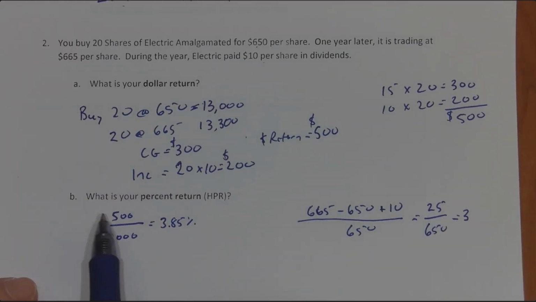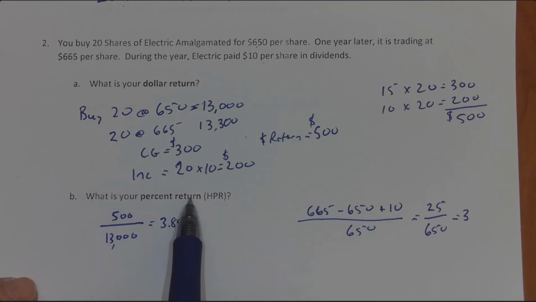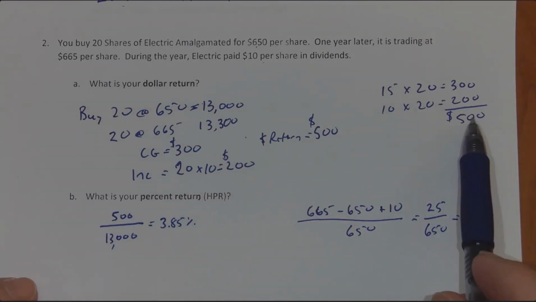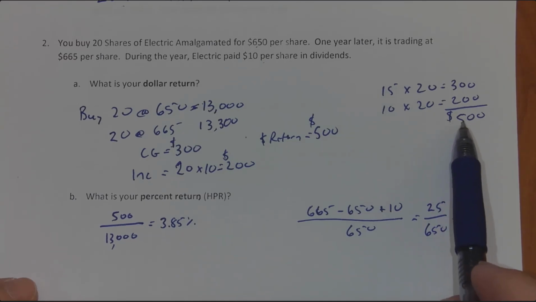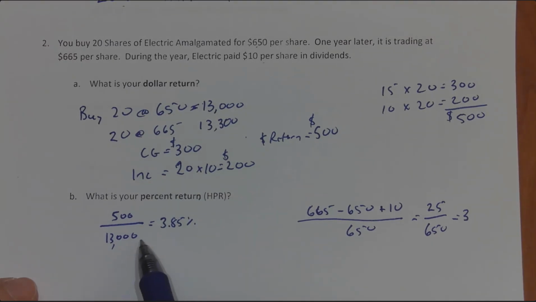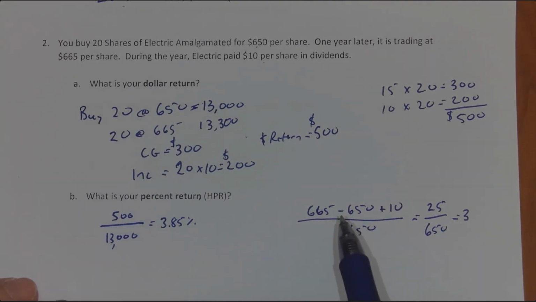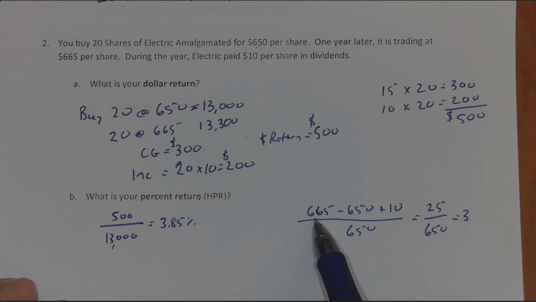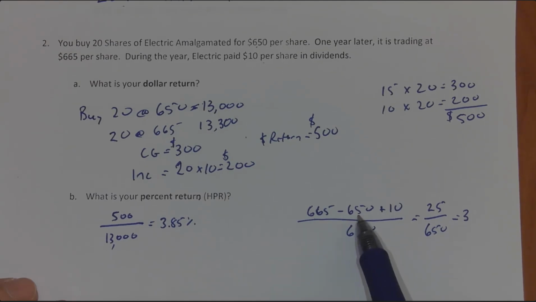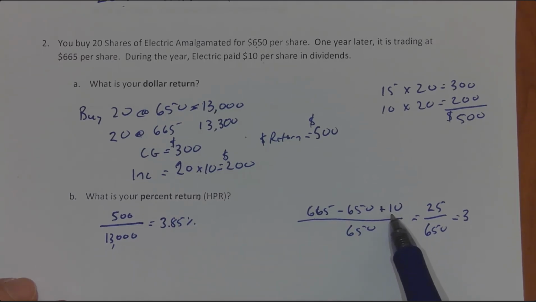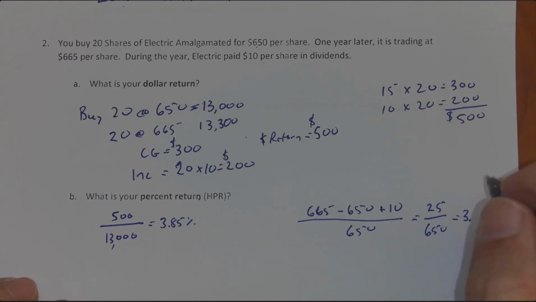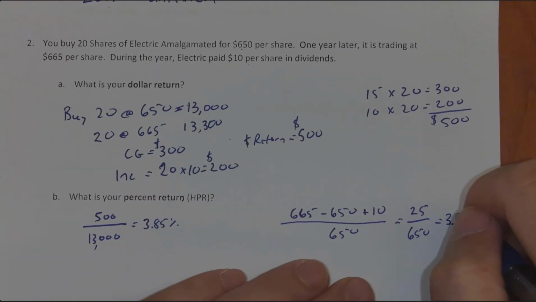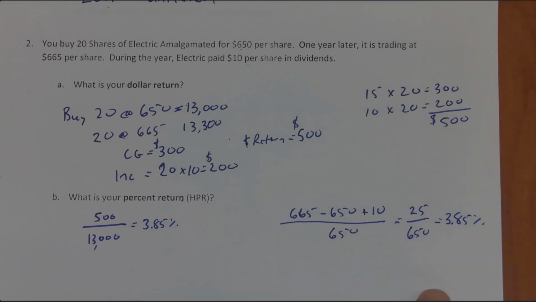I'm sorry. Yeah, so what we're saying, right, if we're doing just the percent return and we already have the dollar return calculated, we just take the $500 return divided by our $13,000 investment. Or if we're doing it on a per share basis, $6.65 minus $6.50 gives us a $15 capital gain plus the $10 in dividends gets us 25 divided by $6.50, which is going to be the 3.85%.